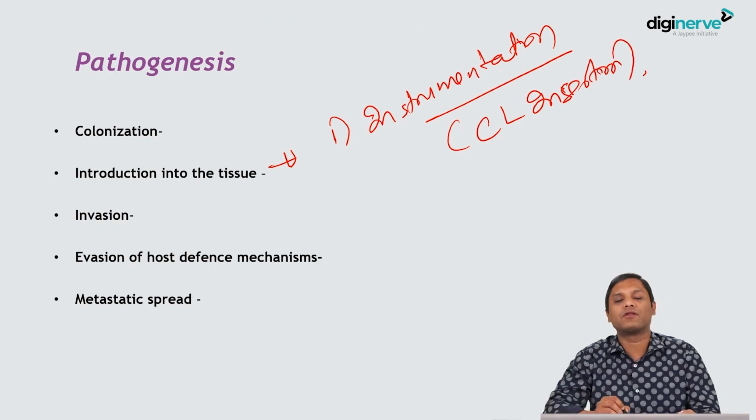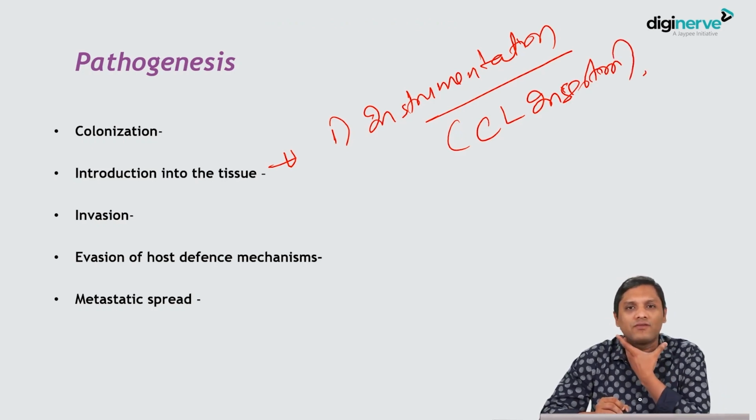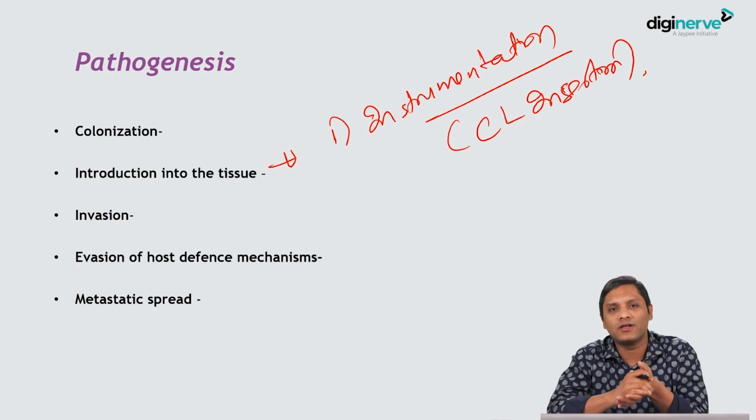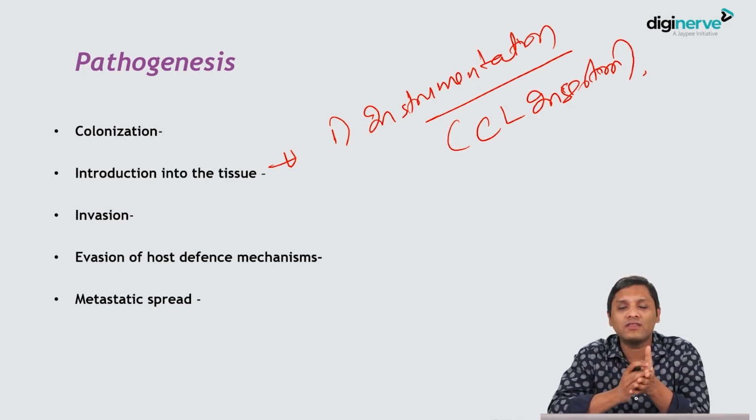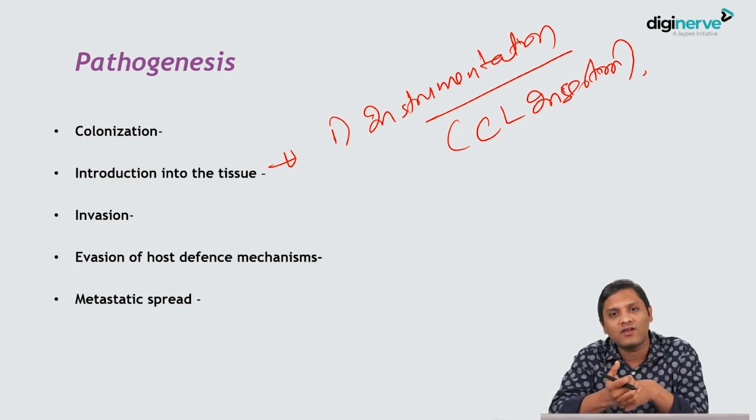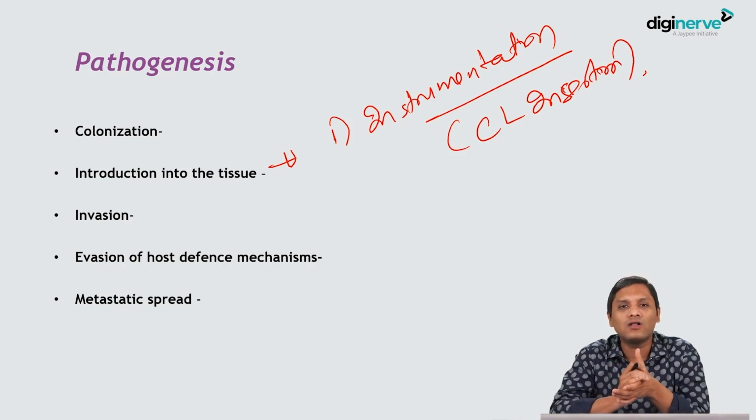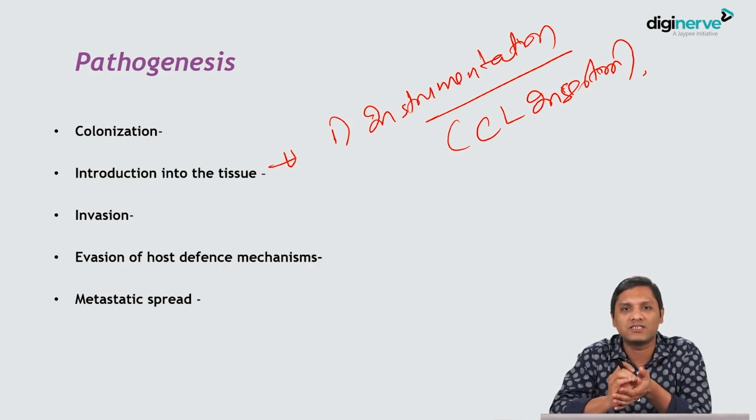Most important is central line insertion. A central line we will be inserting into the subclavian vein for various medical purposes, or even peripheral line insertion, a venflon insertion into the vein. All these will carry Staph aureus into the bloodstream.